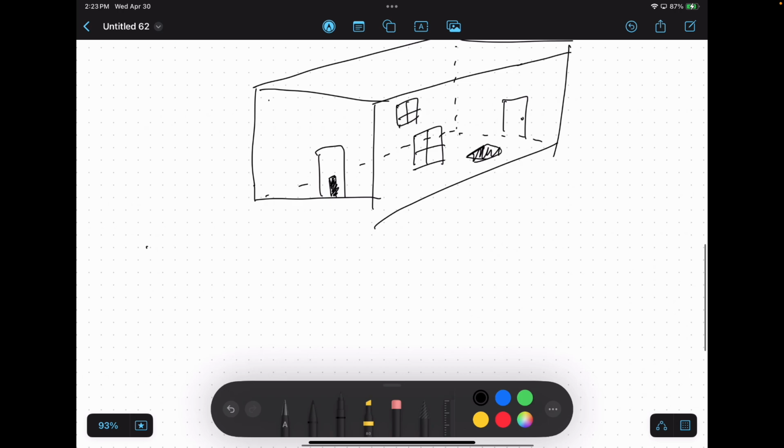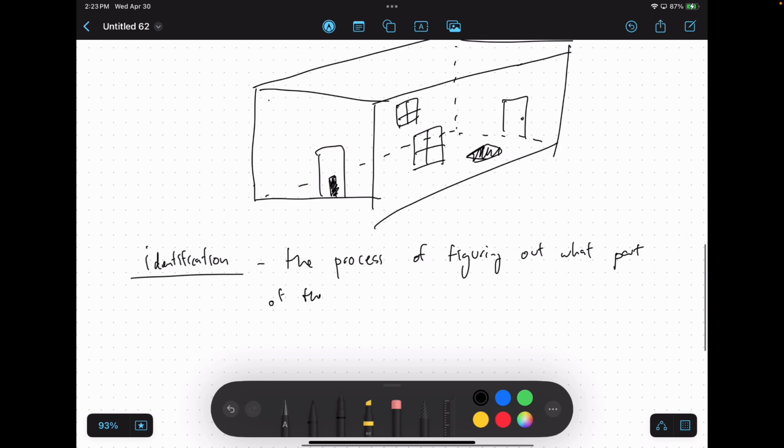Okay. So identification is the process of figuring out what part of the variation in your data answers your research question.